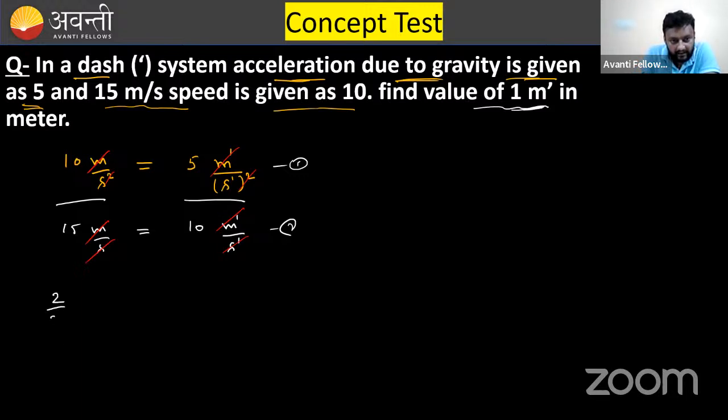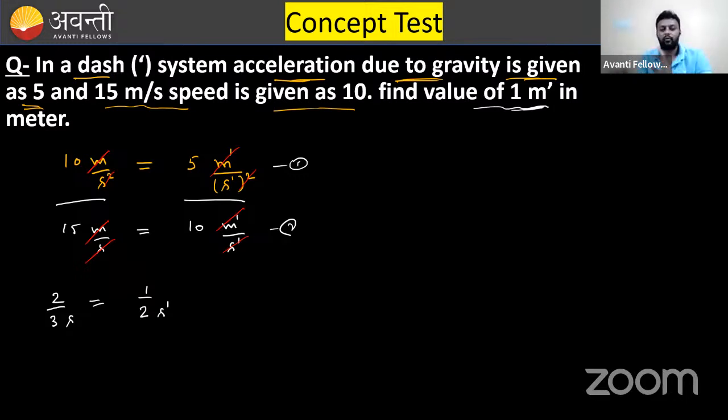2 by 3 second is equal to 1 by 2 second dash. Okay. Someone might wonder what's happening here. I'm just repeating the two statements I have mentioned in numerical terms. After that, I am dividing these two equations.